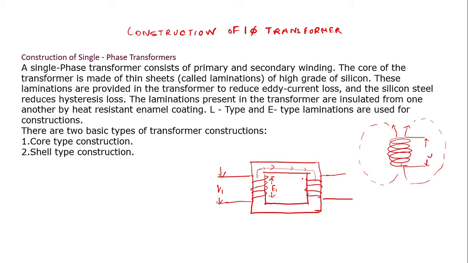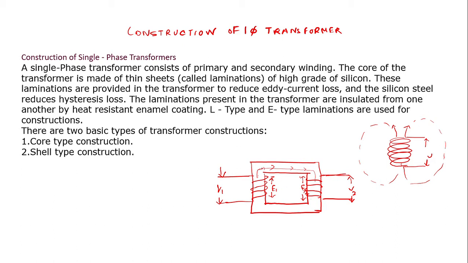Now, the voltage induced in the next coil will be E2, which will again produce an output voltage of V2, right? So first of all, here you can see that the core of the transformer is made out of thin sheets.